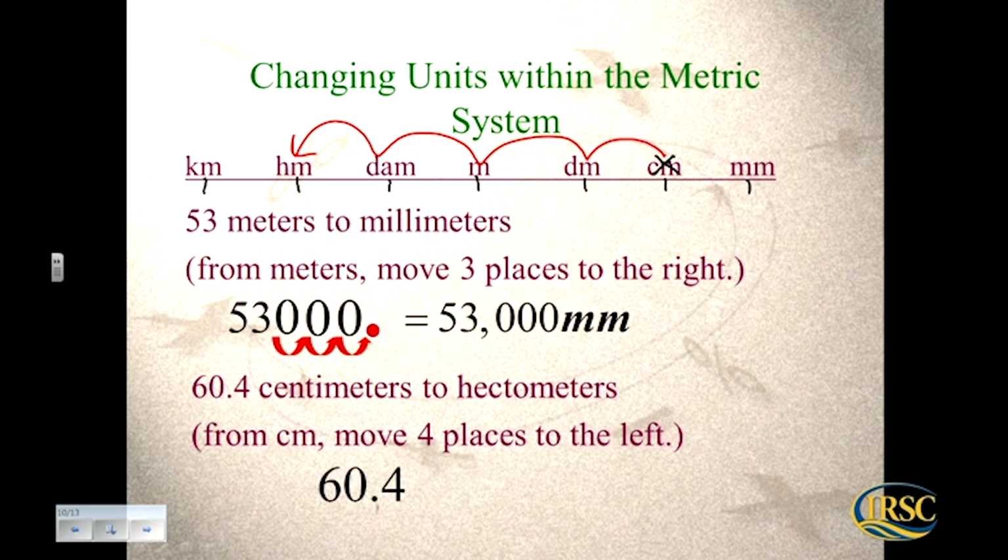So going 4 places to the left, here's where our new decimal is, and we only have 2 blank spots this time, so fill in 2 zeros, and we get 0.00604 hectometers. Do not round your answer unless it specifically tells you to round. Okay, leave all of the digits that you see in there.